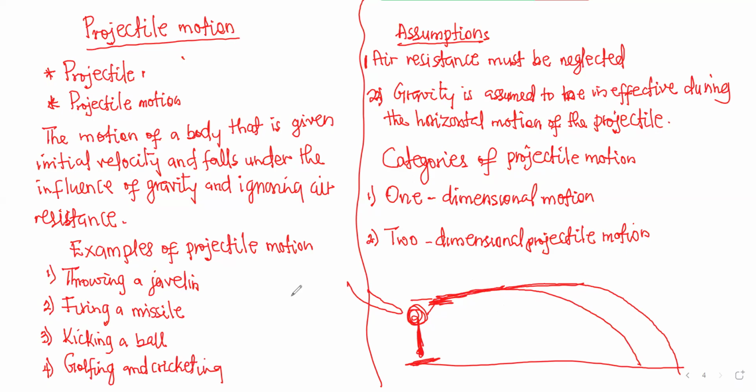The initial velocity given to the ball makes an angle of 0 degrees with the horizontal, which is the ground.